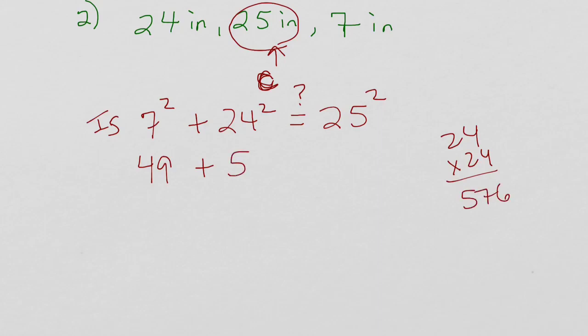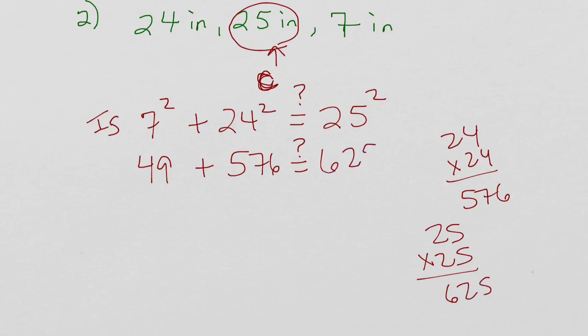So 49 plus 576, does that equal, and again, if you don't know what 25 squared is, you would just multiply it off to the side. This is part of showing your work, and you would get 625. I know I took a little shortcut there, but you do get 625. When you add these two up, you do get 625.